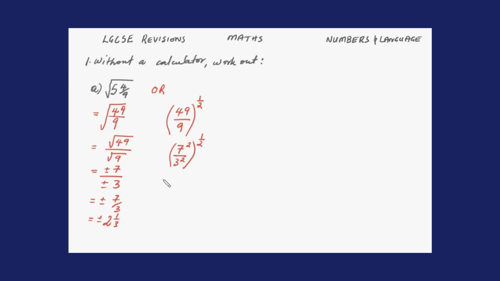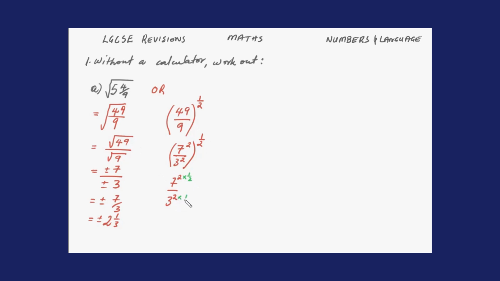All right. So now we are going to distribute the power half into this fraction. So the power half will multiply both the power of the numerator and the power of the denominator. So we are going to have 7 squared over 3 squared, but now with the powers multiplied by half.